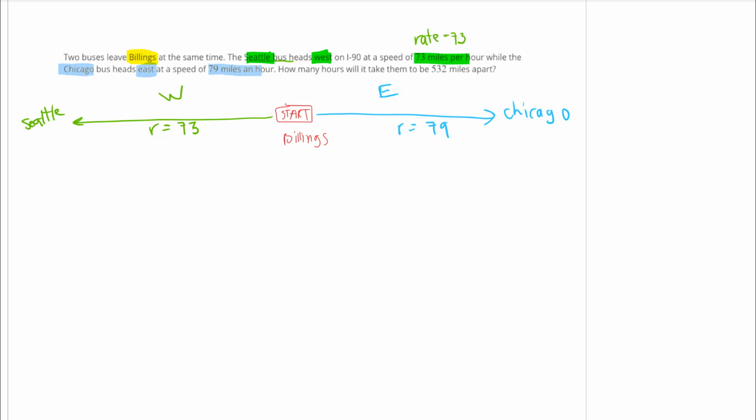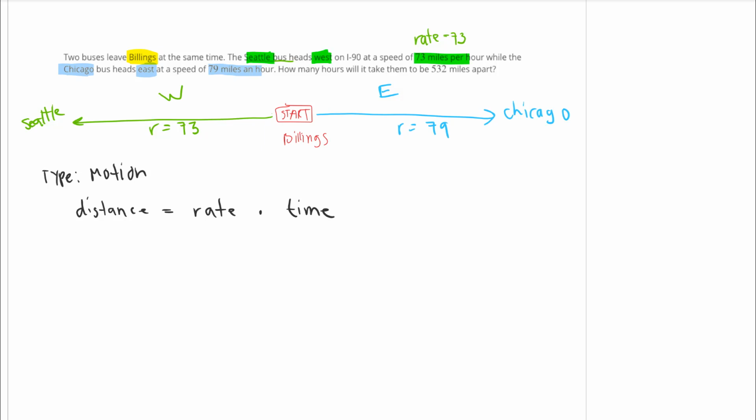So what's going on in this problem? Well, this type of problem is a motion problem. And from this motion problem, we know that distance is equal to my rate multiplied by my time. Okay.